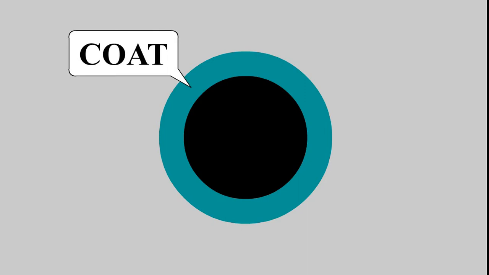So let's assume this bluish color here shows the deposited antimicrobial coat on the surface of our spherical shaped object.